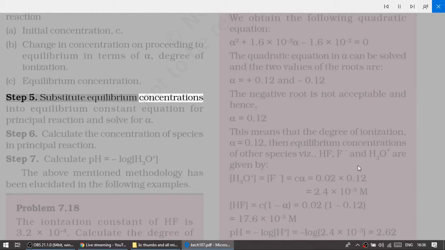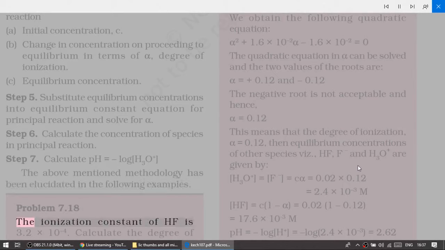Substitute equilibrium concentrations into the equilibrium constant equation for the principal reaction and solve for alpha. Step 6. Calculate the concentration of species in the principal reaction. Step 7. Calculate pH = −log[H3O+]. The above mentioned methodology has been elucidated in the following examples.